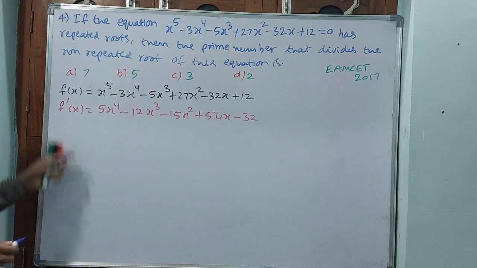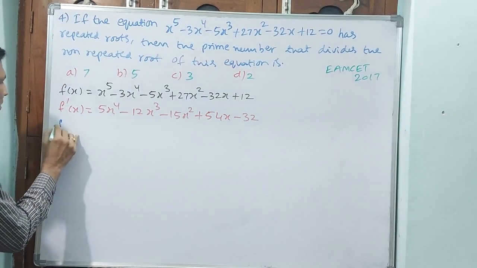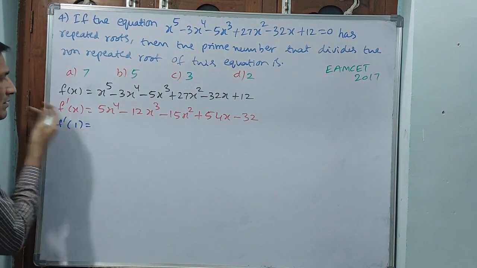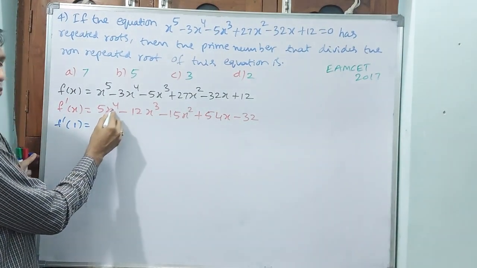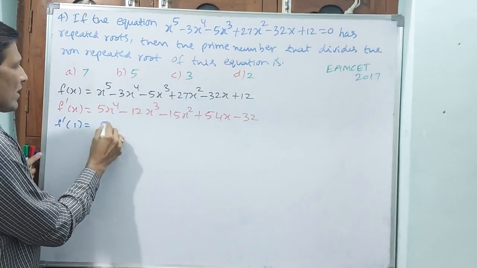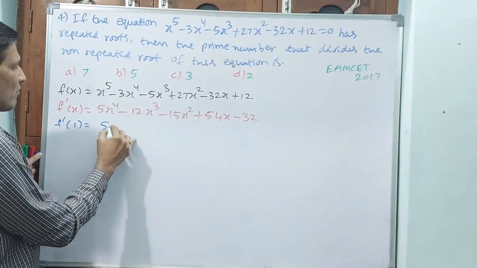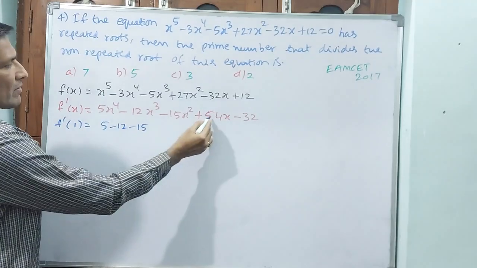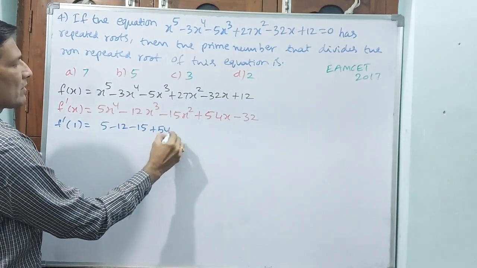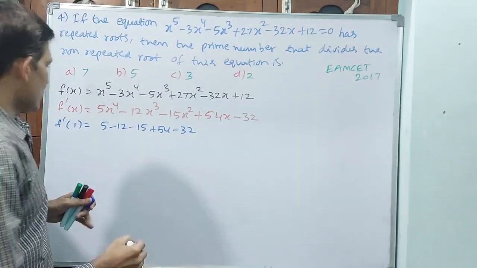Let us go for f dash 1. Okay, f dash 1. Let us go. See, 1 to the power of 4, 1 into 5, 5; 1 cube, 1 into 12, minus 12; 1 square, 1 into minus 15, plus 54, minus 32. Okay.